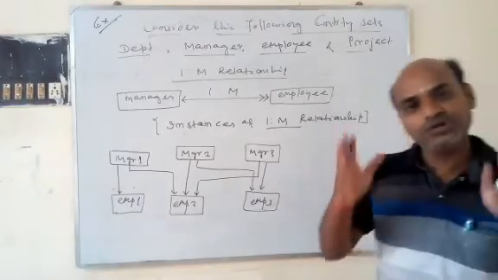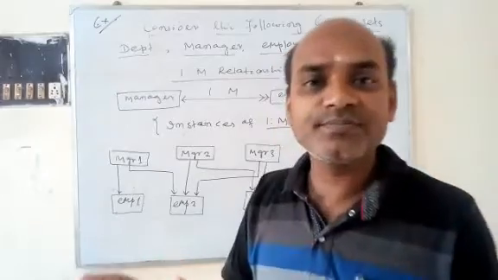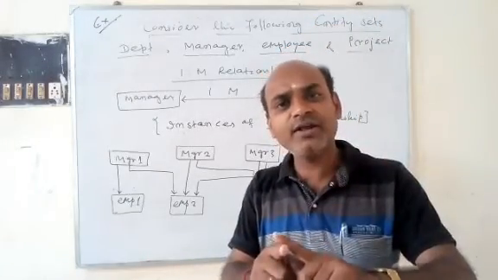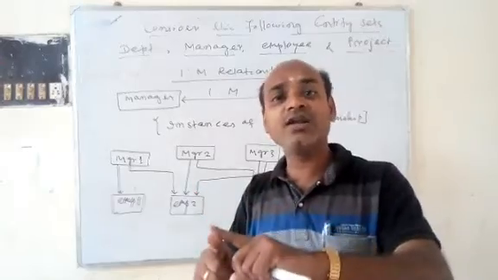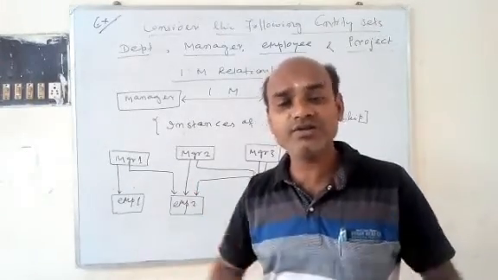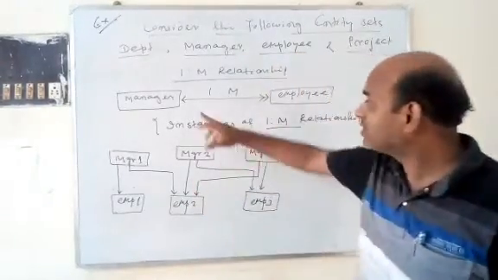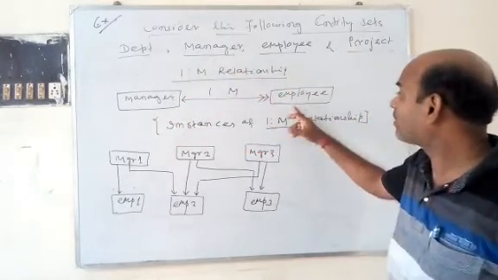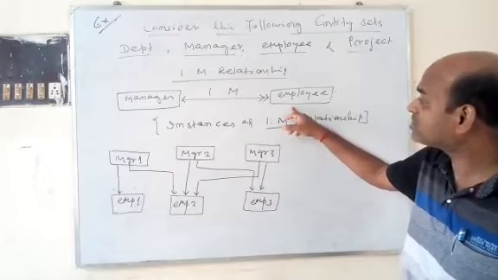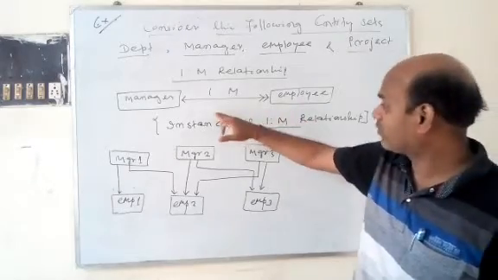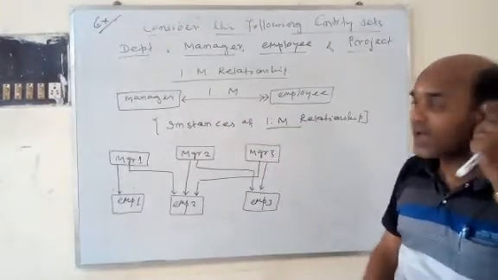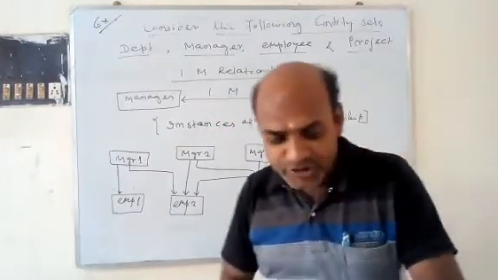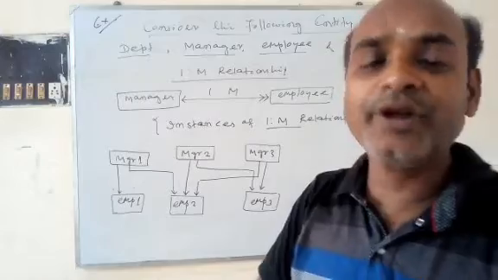Okay. So one-to-one relationship is clear to all. A single instance of an entity is related to another single instance of the entity, that is a one-to-one relationship. Here a single instance is associated with multiple instances of another entity, that is your one-to-many relationship. And the reverse process of this one-to-many relationship is many to one.